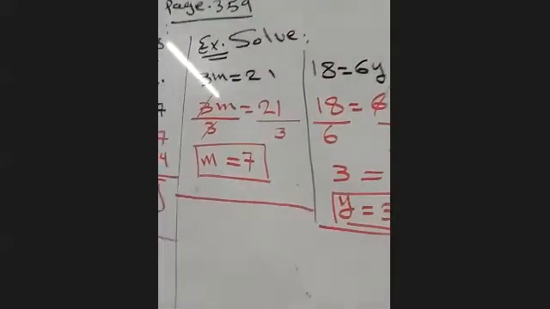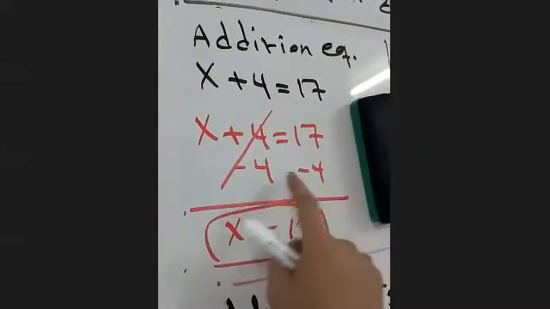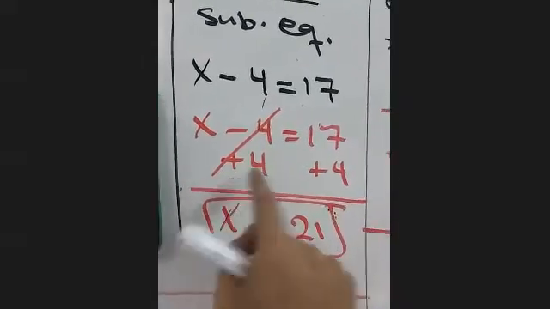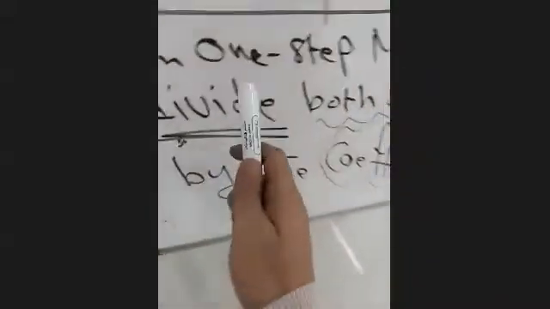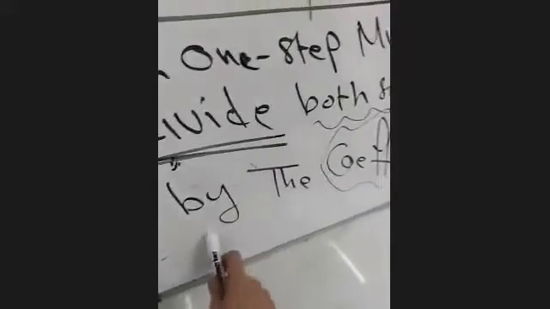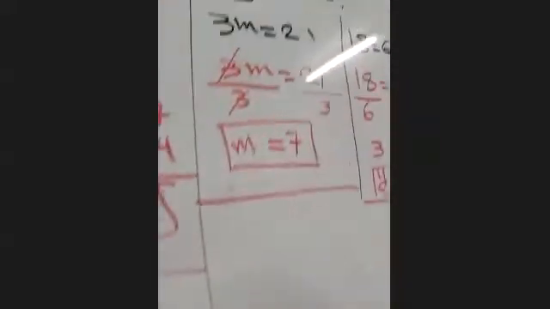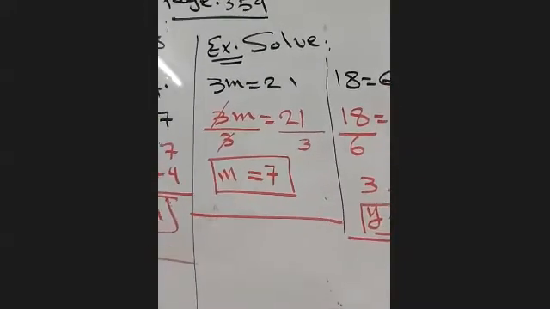Let's revise. In addition equations, we subtract the connected number from both sides. In subtraction equations, we add the connected number to both sides. In multiplication equations, we divide both sides by the coefficient. If we divide by the same number, we call it the division property of equality.